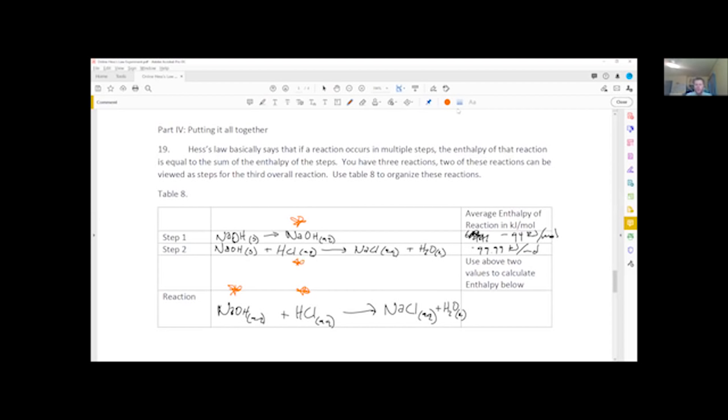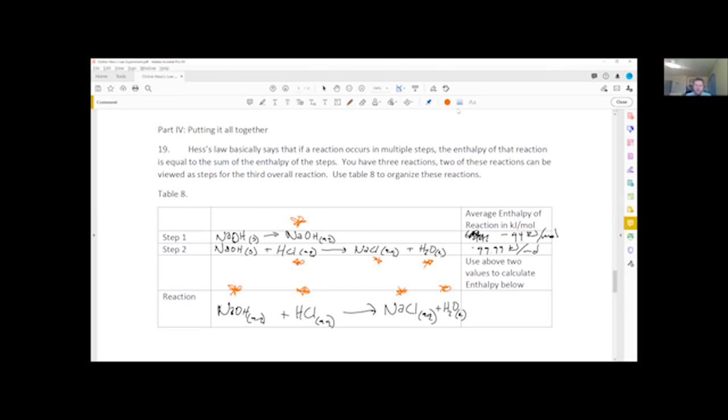Do I see aqueous NaCl and liquid water as products? I see them as products in step number 2. So of the 6 different things, two things in step 1 and 4 things in step 2, I've got 2 things that I can't account for: sodium hydroxide solid in both steps 1 and 2.